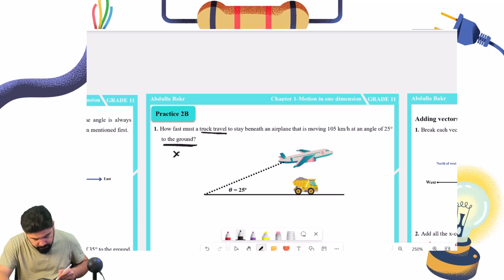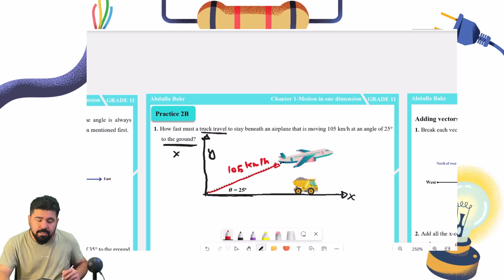As you see in here, I don't have to draw it. I'm sorry, let's draw this in black. So we have this, which is the x, and we have this, which is y. Now this is the speed of the airplane, v, which is equal to 105 kilometers per hour.